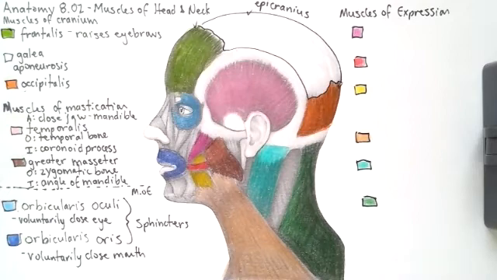So we have other sets of muscles around the eye that cause involuntary closure, but we have control of our orbicularis oculi and our orbicularis oris. The other three that we're going to talk about move this in a different way.